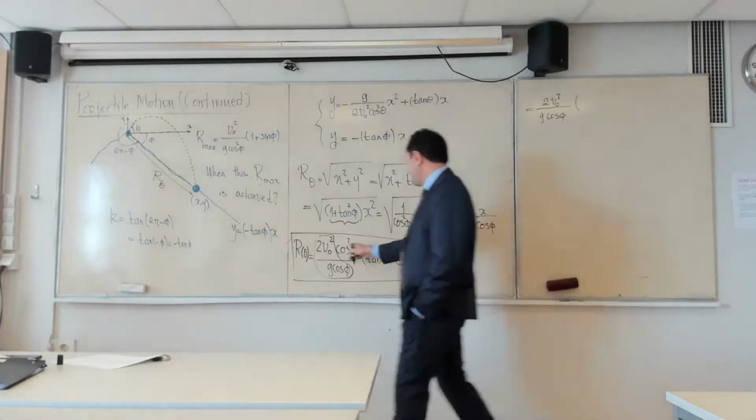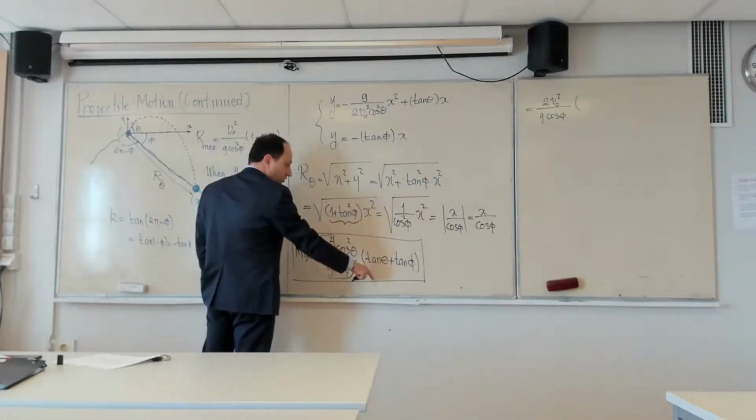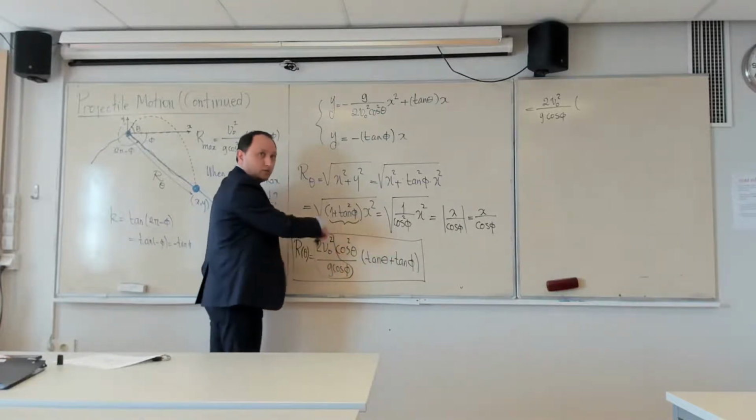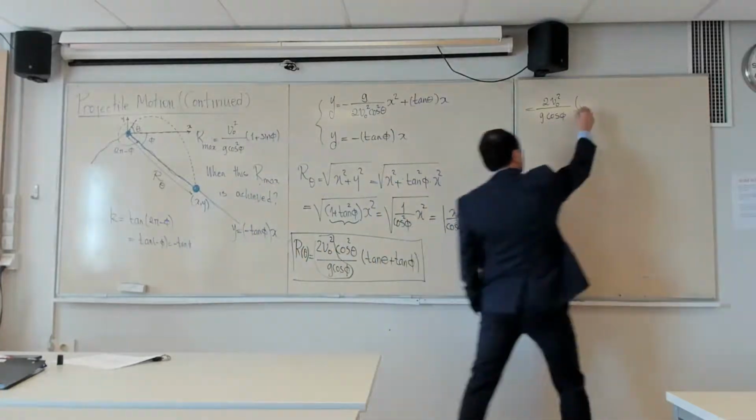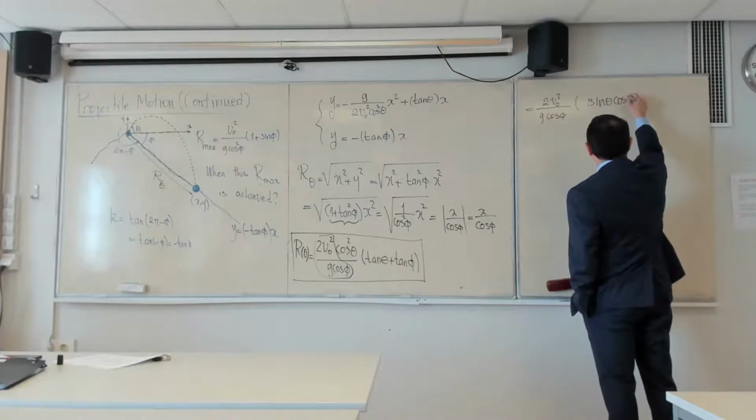If I multiply this here, how can I simplify? Tangent is sine over cosine. One of these cosines with the cosine in the denominator will be cancelled. So from this one, a sine will be left and a cosine will be left. I will multiply them, so it becomes sine theta cosine theta. Agree?